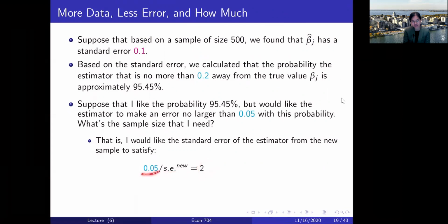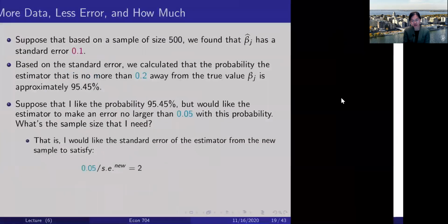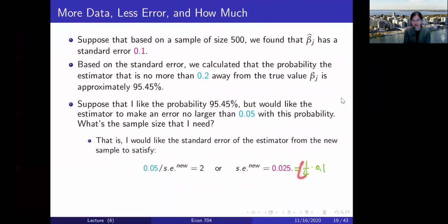Tolerance now is smaller, 1/4 as before. Therefore, the standard error should also be 1/4 of what it was. How do we make sure that the standard error is 1/4 of what it was? Well, you would want square root n to be 4 times as large, or n to be 16 times as large.